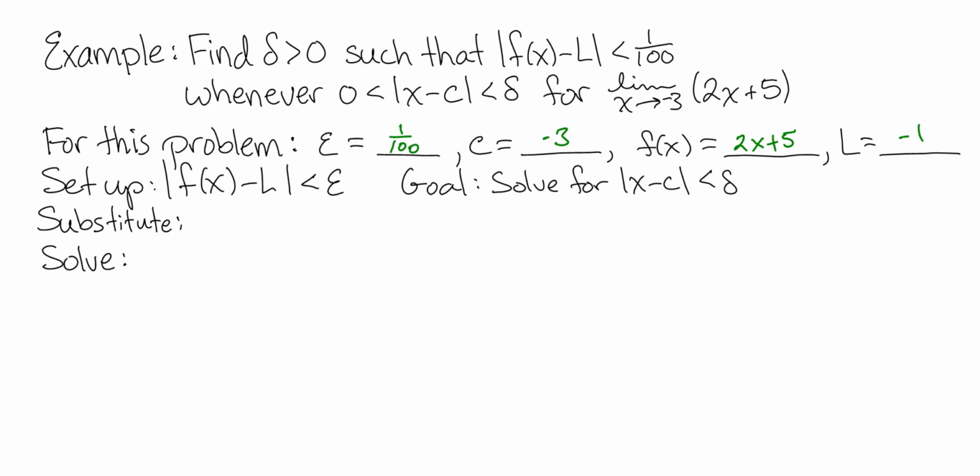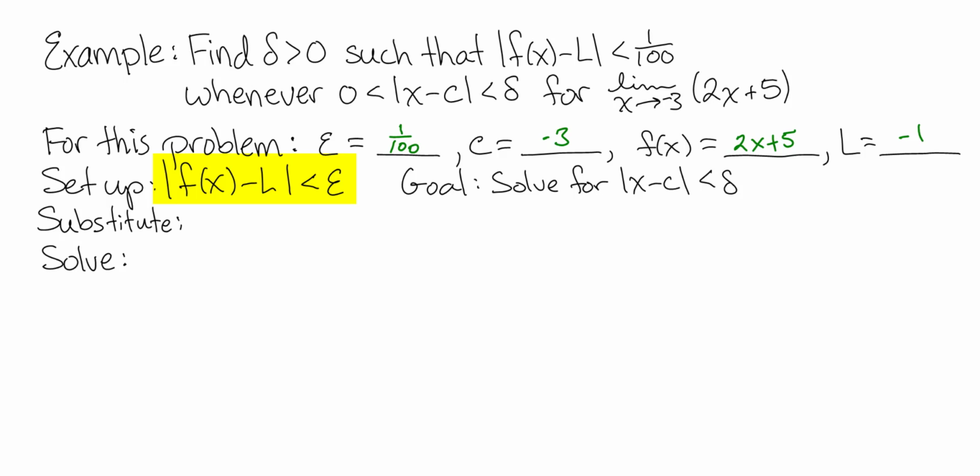To solve this problem, we're looking for delta that matches the epsilon of 1/100th. When we set up these problems, we start with the information in the y direction: the absolute value of f of x minus L is less than epsilon.